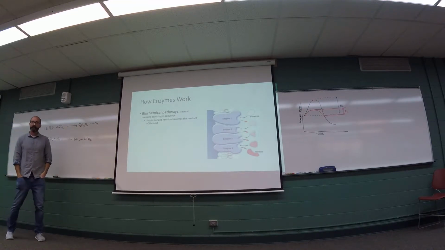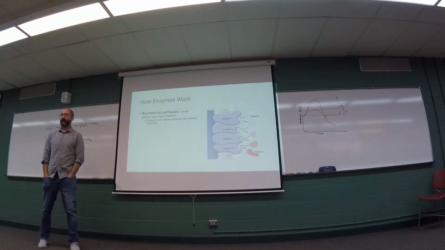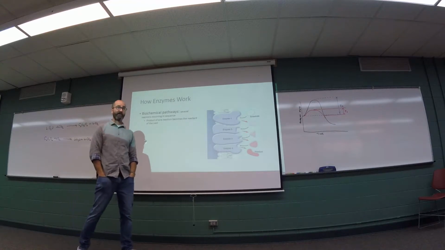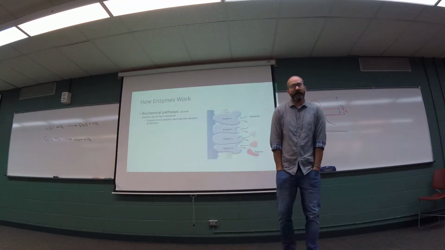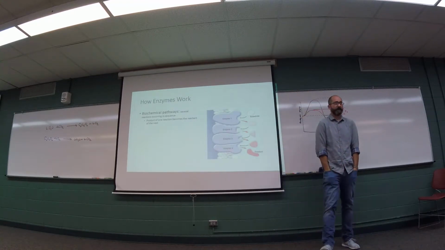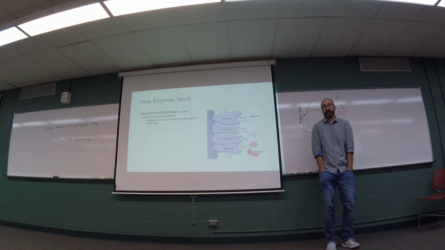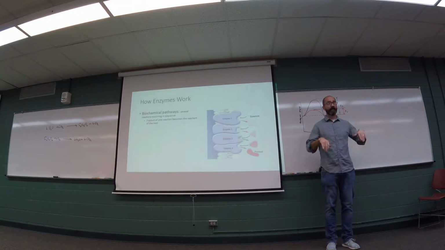Generally speaking, chemical reactions occur in series called biochemical pathways. So when we talk about photosynthesis and cellular respiration, that is inherently a biochemical pathway, where there are going to be a whole bunch of enzymes in sequence that take substrates and manipulate them a little bit.